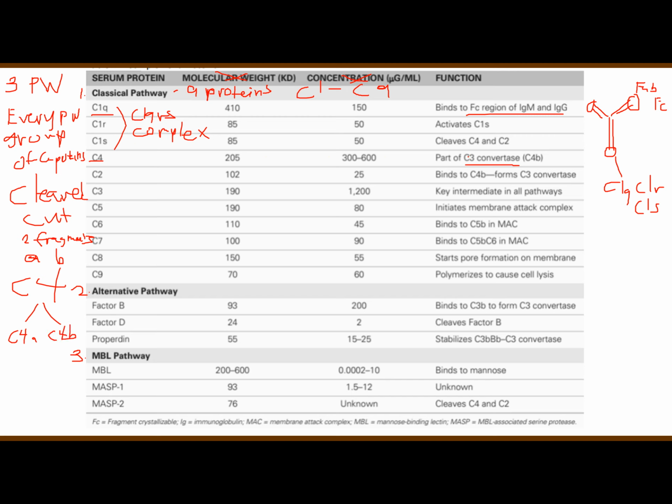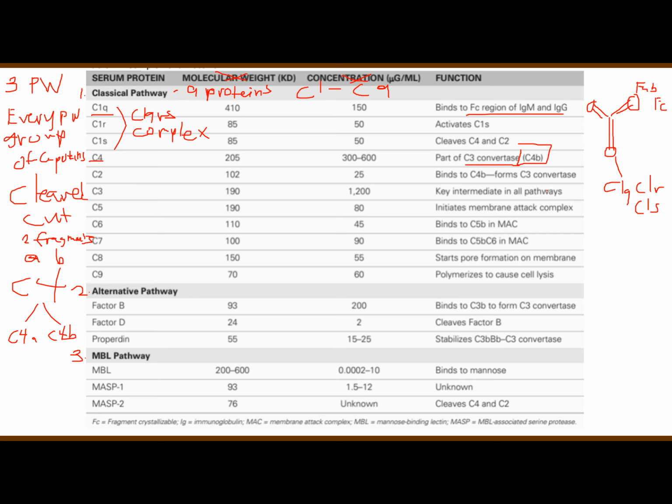Now it mentions here that the C4 is part of your C3 convertase, specifically the C4b fragment. So I hope that was clear. So if asked in your exam what is the purpose of your C4, it's part of the C3 convertase, specifically the C4b. Now for C2, it binds to C4b, forming your C3 convertase. So later I'll explain that again. Just take note of the function.